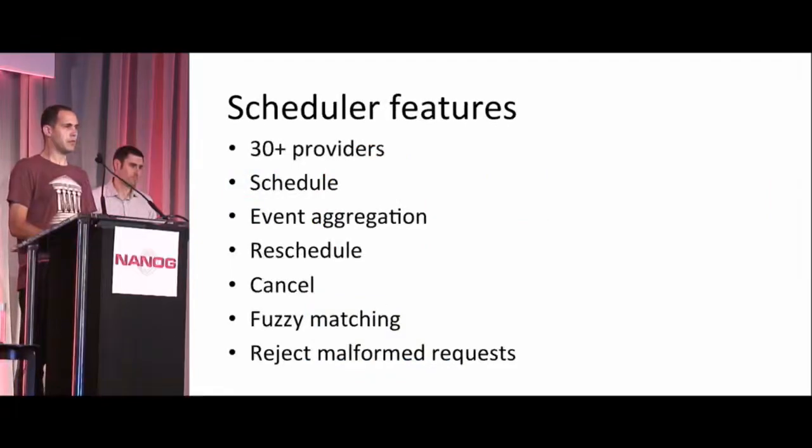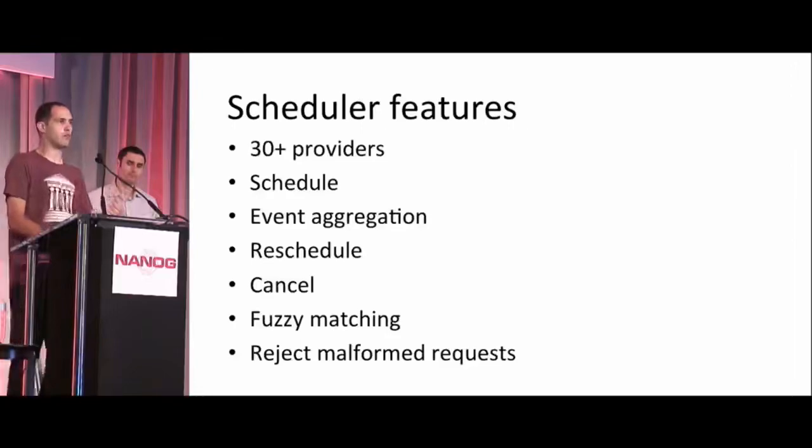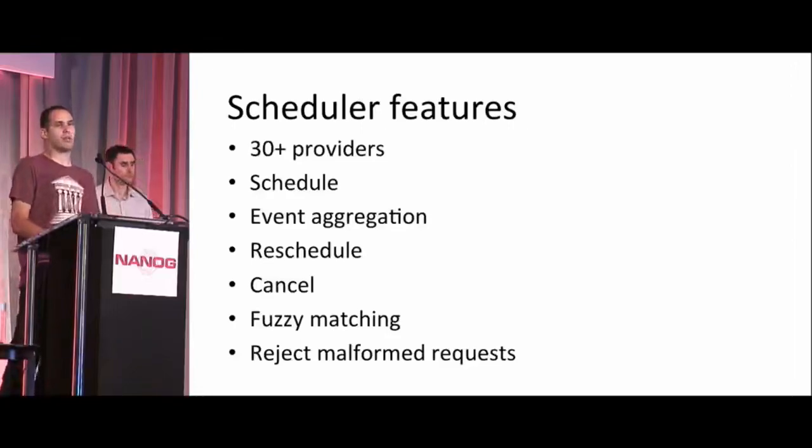There is a set of things that we support in the scheduler. We support right now more than 30 provider templates that we automatically parse. We support scheduling maintenances, which is basically any new maintenance that we have, we schedule it in our system.